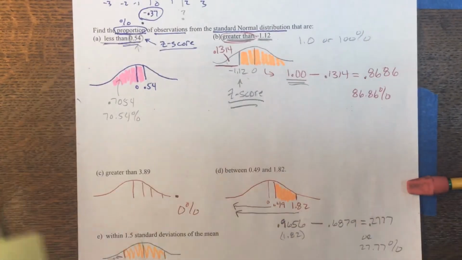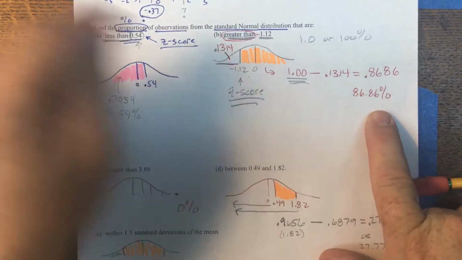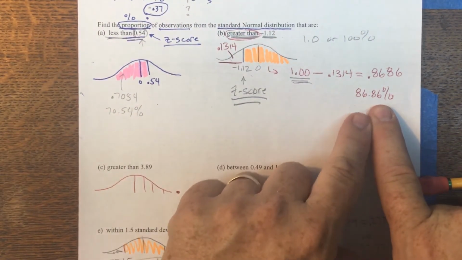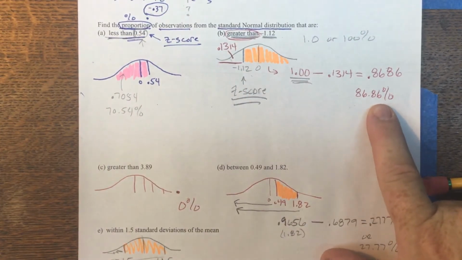Zoom that in for you guys so you can see it a little bit. 0.1314 or 13.14%, and then we subtract it and we get 86.86%. So that means 86.86% of the observations are greater than a z-score of negative 1.12.